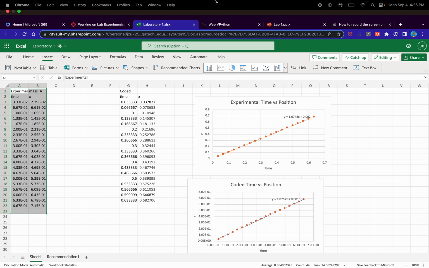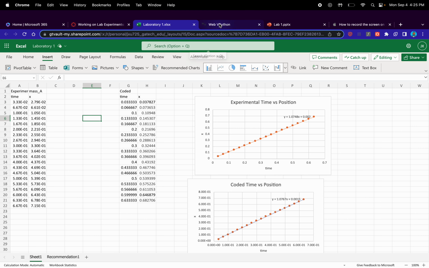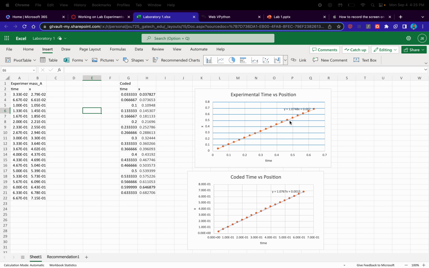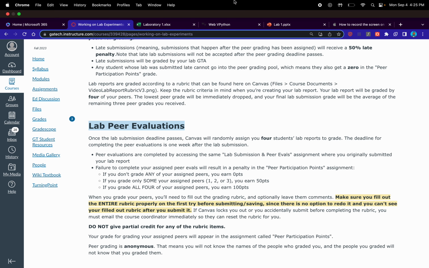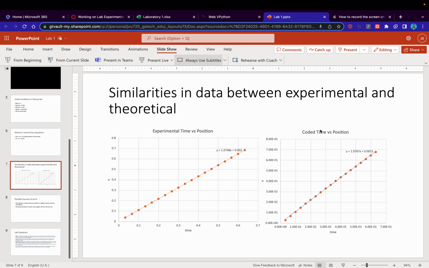So if we go and compare our experimental and coded positions, experimental and coded graphs, from which I got the values for the coded here, and from Tracker I got the experimental, we can see that the slopes and the lines are very similar. And here they are.